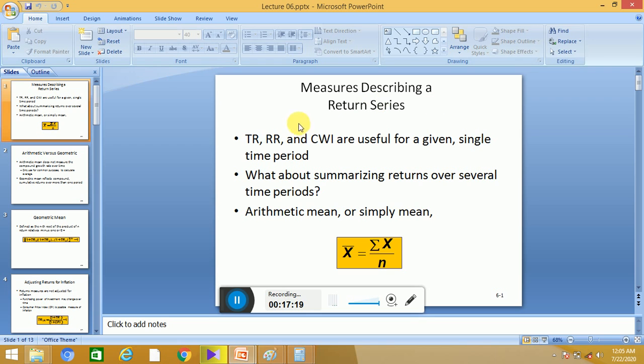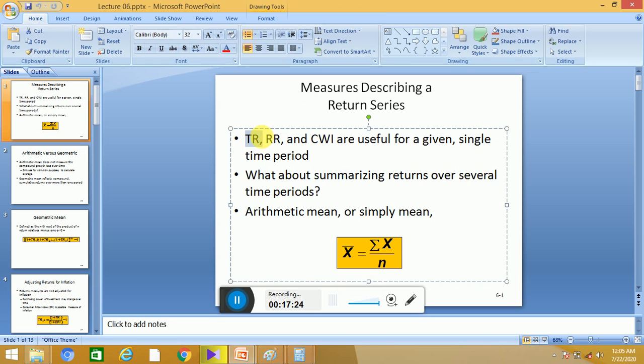Measures describing a return series. Total return, we discussed this. Relative return and cumulative wealth index are useful for a given single time period. What about summarizing return over several time periods?